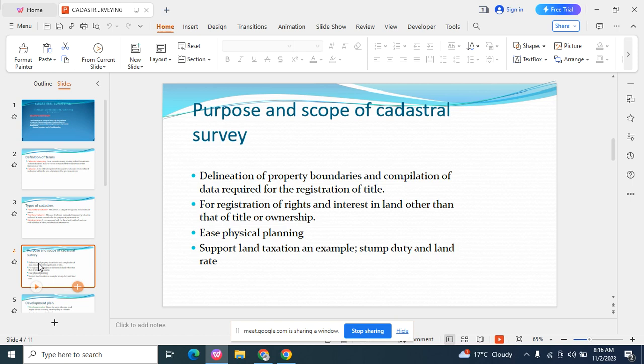Then number 2, for registration of rights and interest in land other than the title or ownership. Number 3, it is used for physical planning, maybe a township planning or a country's planning. Number 4, supporting land taxation. An example is stamp duty or land rates.